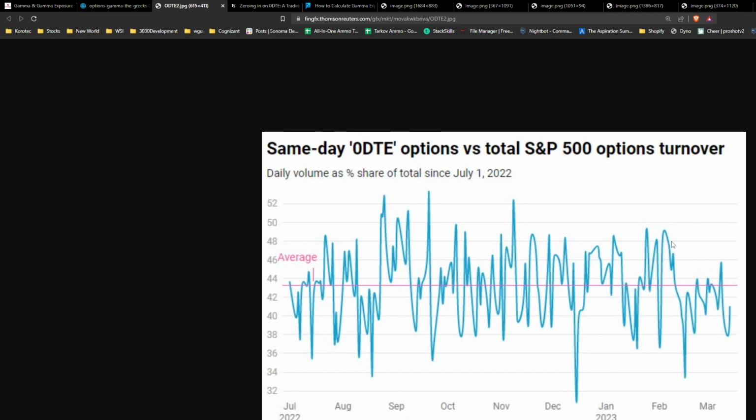As Goldman Sachs has released this information about zero DTEs and how much of a foothold it's gained in the market as a whole, we can see anywhere from 34% to 52% of the daily volume, percentage of volume anyway, is from zero DTE options.